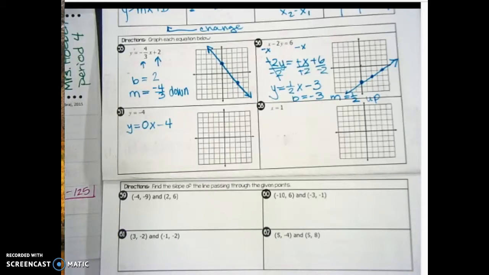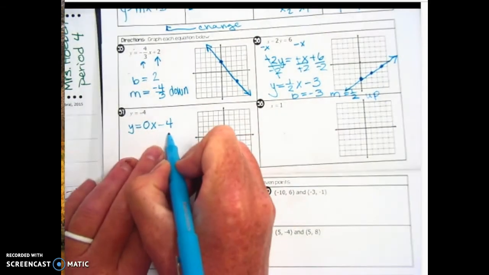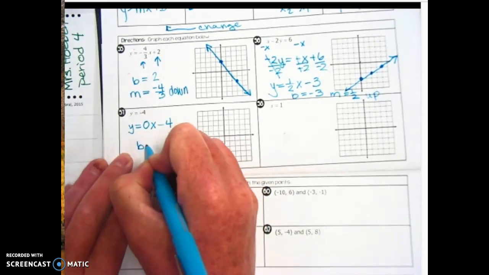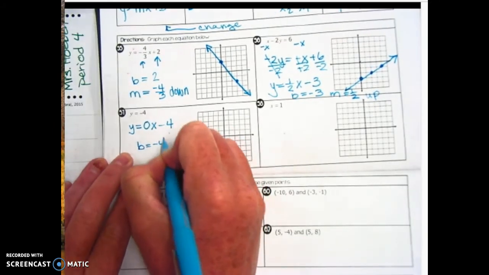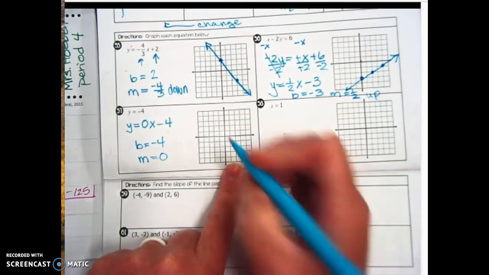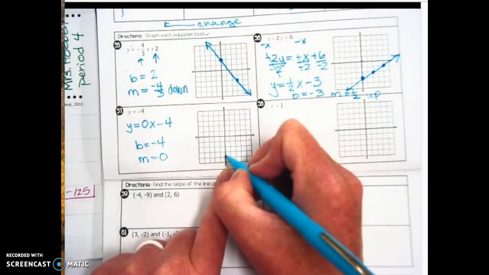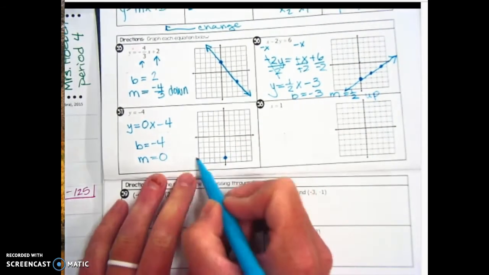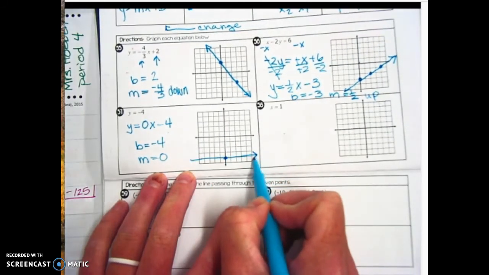It's not going up, it's not going down, it's just flat, okay? It's like you're in El Centro, you're just going straight. So our y-intercept is -4, and our slope is 0. So on the y-axis, we're going to go down to 1, 2, 3, 4, and it's flat, just like this.